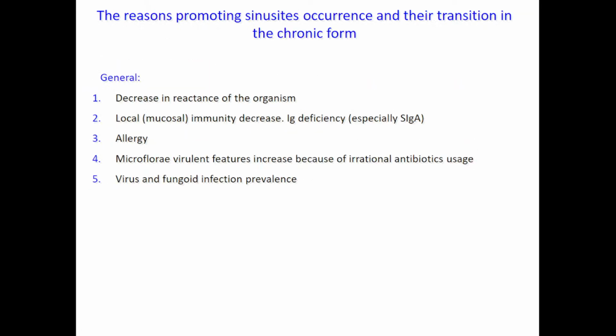General factors are a decrease in the reactivity of the organism, decreased local immunity, immunoglobulin A deficiency, allergy, resistance of flora to antibiotics because of irrational usage of antibiotics, and mixed flora.